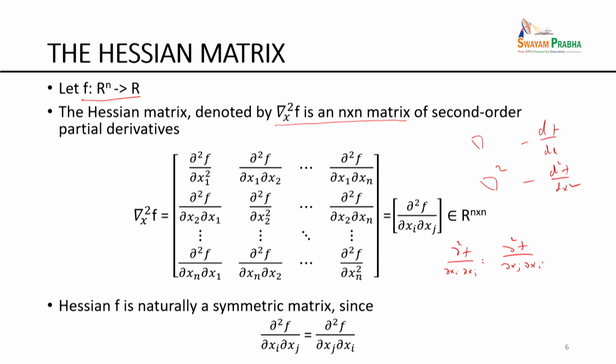The mixed partial derivatives are symmetric. Therefore, this n by n matrix is a symmetric matrix. This symmetric matrix is called the Hessian. You don't have to say Hessian matrix. Hessian, by definition, is the second order matrix of partial derivatives of f.